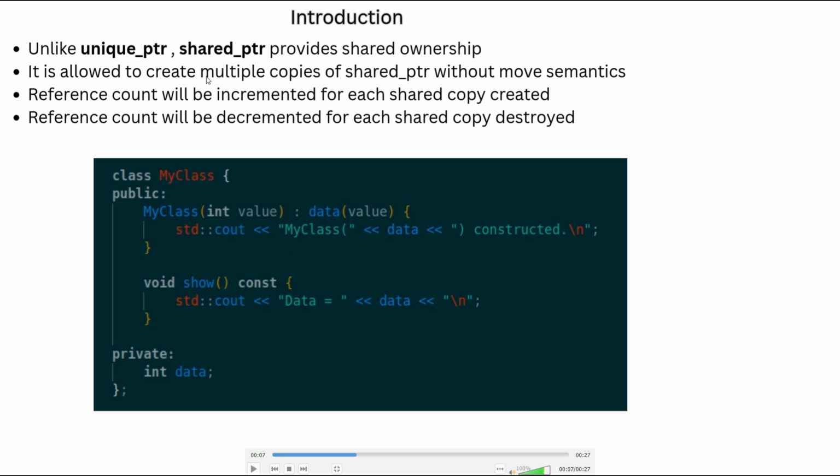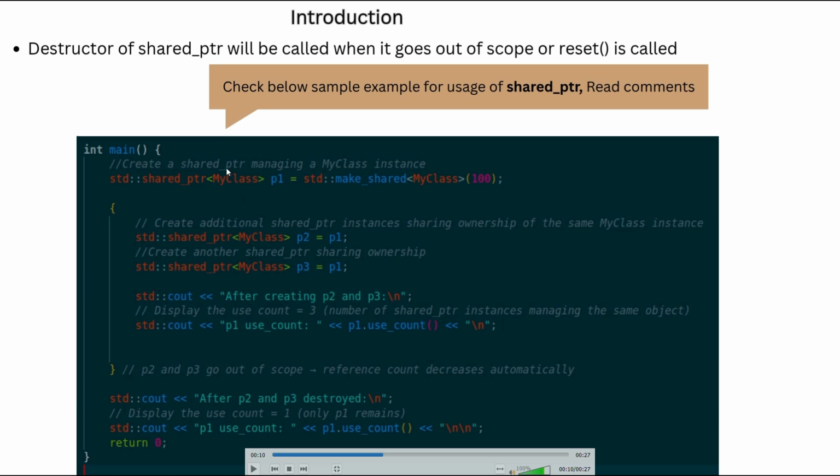So here, as I discussed, let's see. You have a class called MyClass, which I just created. It has an integer data member. So this is the sample class. Let's see how to create a shared pointer for this class. You can read the comments.